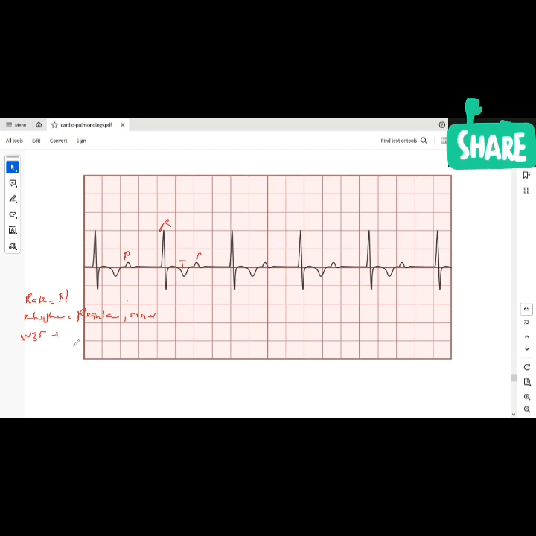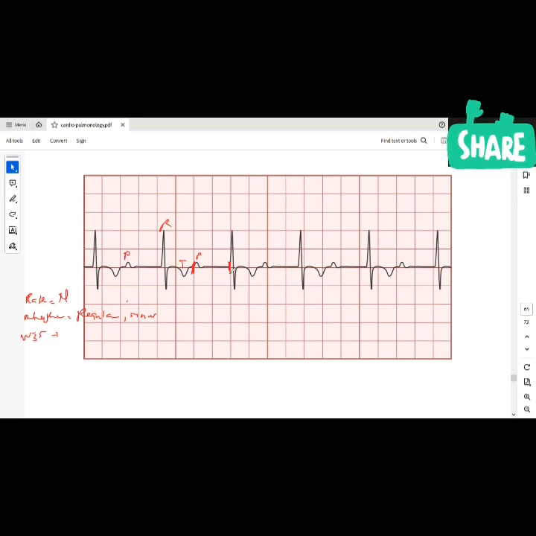PR interval is longer. How long is it? 3 boxes. 3 boxes? Are you sure? This is the beginning of the P wave to the beginning of the QRS complex.